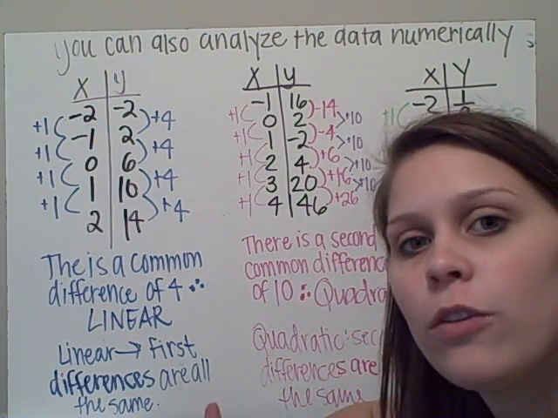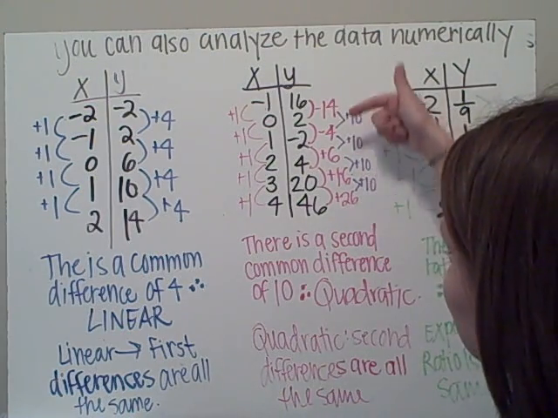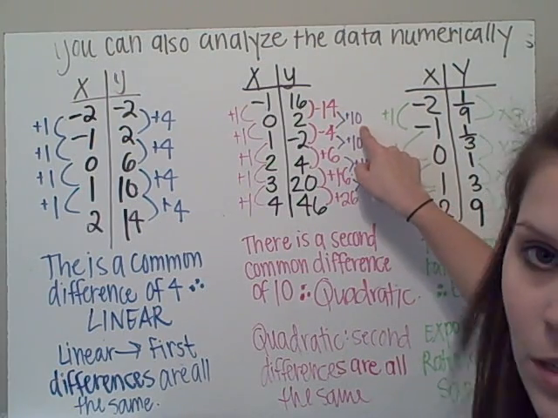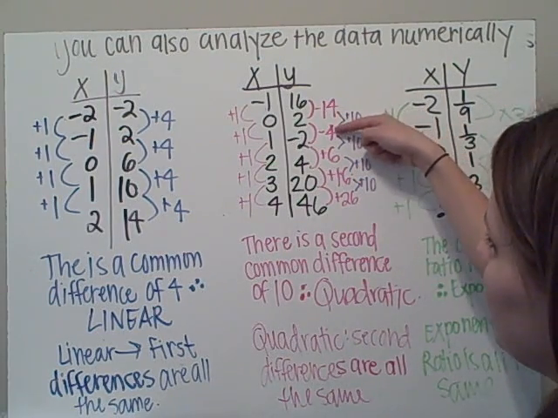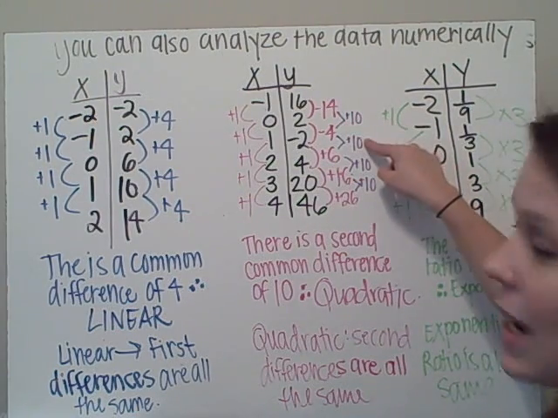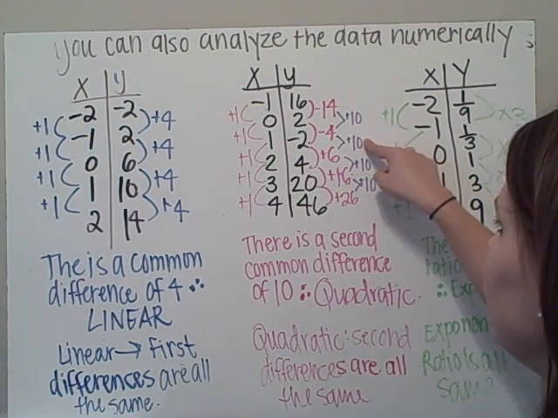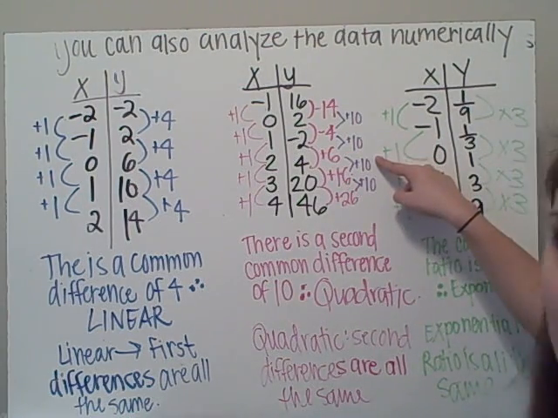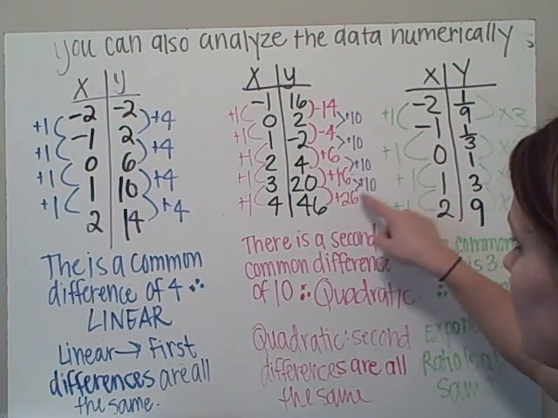But if you do further investigation, you should notice that negative 14 and negative 4 has a positive 10 difference. Negative 4 and positive 6 has a positive 10 difference. 6 and 16 has a positive 10, and 16 and 26 as well.